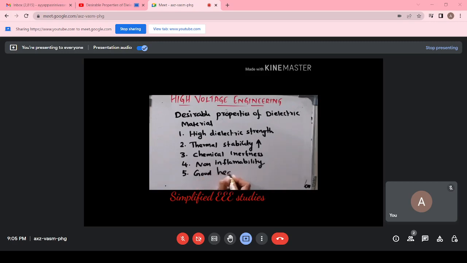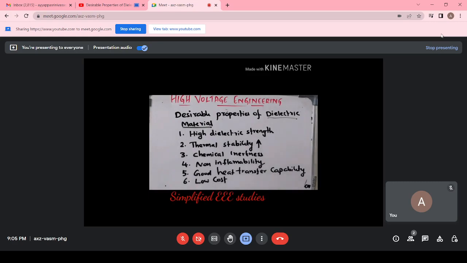Similarly, the cost should be low, cost effective. These are the desirable properties. While choosing a dielectric material, you must follow these criteria. Hope you could understand what I am speaking.